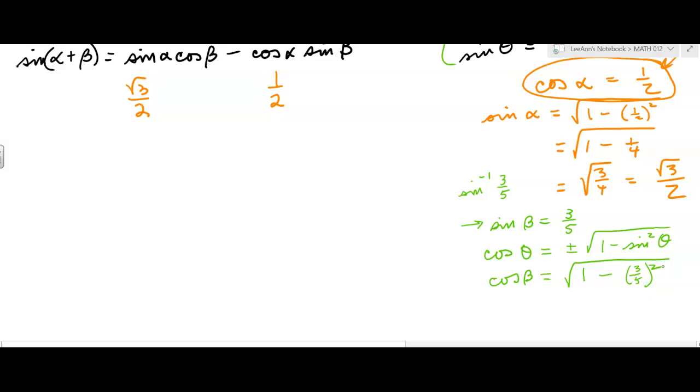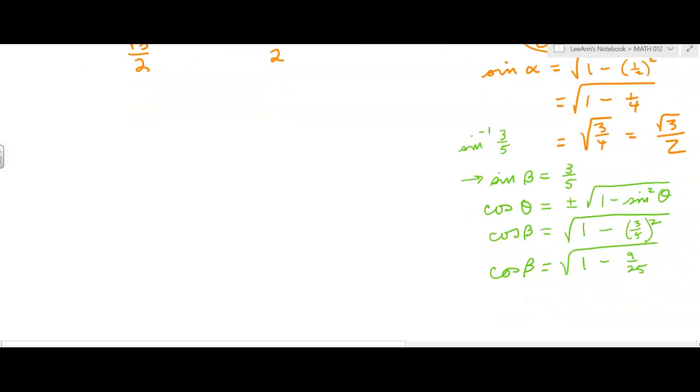Then we work a little algebra here. Cosine beta is going to equal the square root of 1 minus 9/25, and so you're going to get 16/25. You have to do the whole common denominator thing, it's just some fraction work.